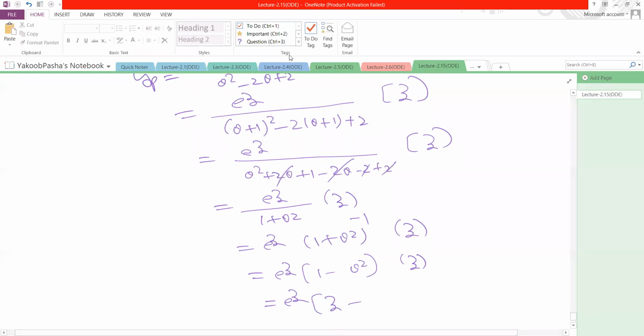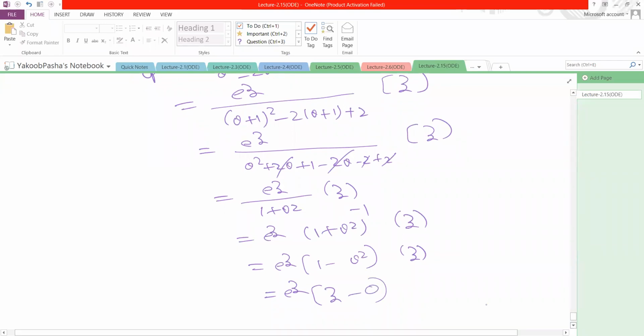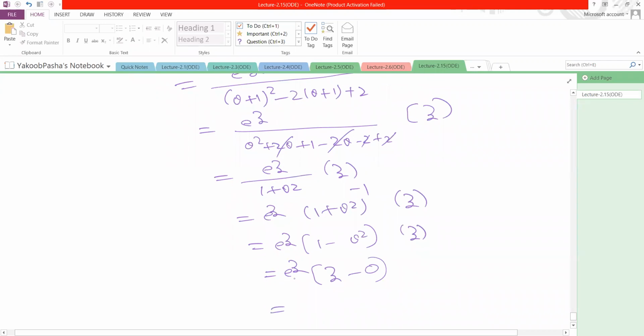One time differentiation of z is 1, again differentiation is 0. So this is nothing but e power z. e power z is x, z is log x. So this is the particular integral. Okay, these are some problems. We will discuss some more problems in the next class.